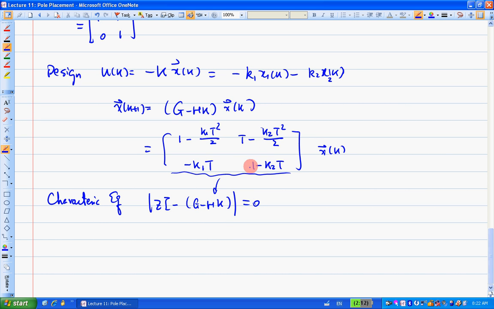Once you get this, you take the determinant. It's a 2 by 2 matrix, so that's not going to be too bad. If you take the determinant, you get a polynomial, which is this one here.